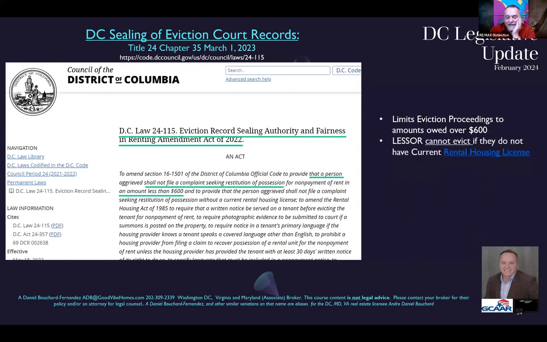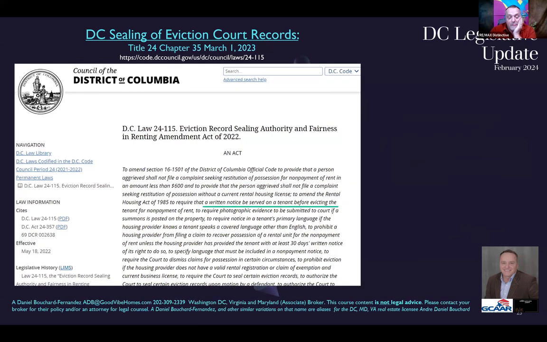The lessor, the landlord, cannot evict if they do not have a current rental housing license. Other legal terms and procedures should be managed by legal counsel, not by real estate licensees. It requires written notice to a lessee of their intent to evict. So you've got to provide written notice of your intent to evict them.